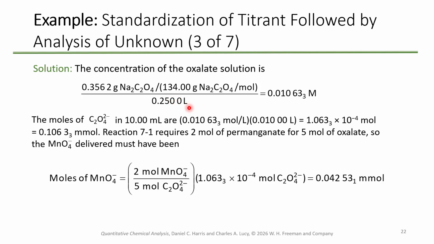That's that 250, isn't it? In liters, that's 0.25. That's going to give you your molarity. You'll notice that that was one of the options on that chart, wasn't it?